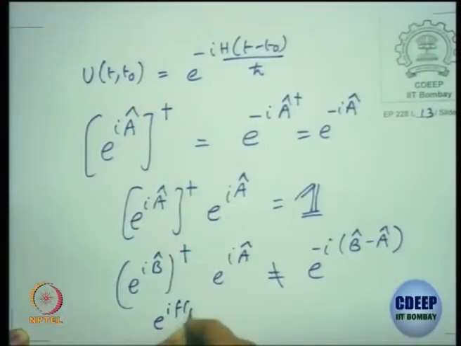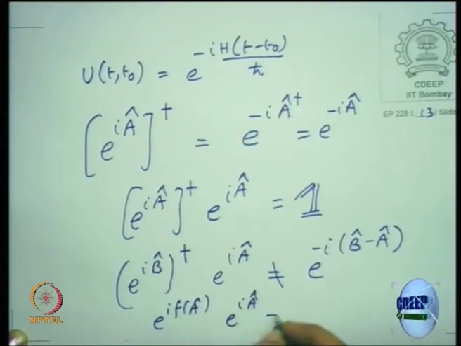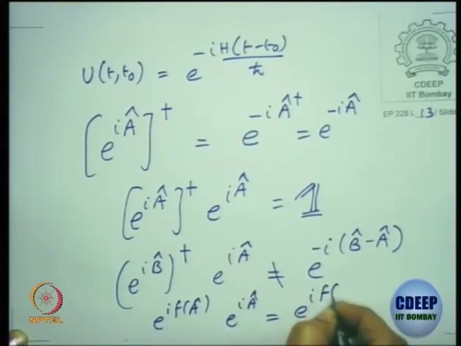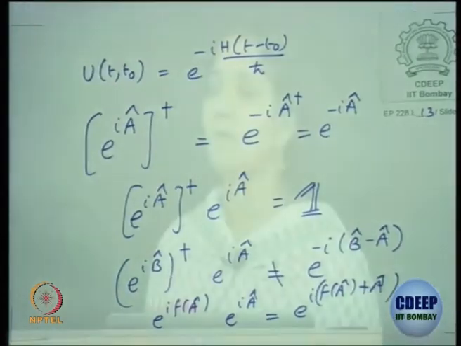In fact, you can write e to the i f of A operator, e to the i A operator, as e to the i f of A operator plus A operator. This is allowed. So playing around with these operators with the notion that the order matters is very important.